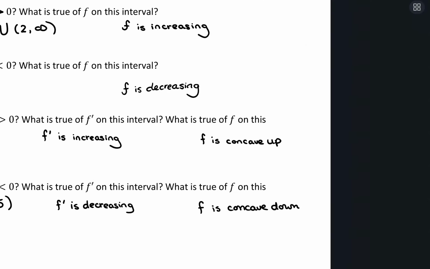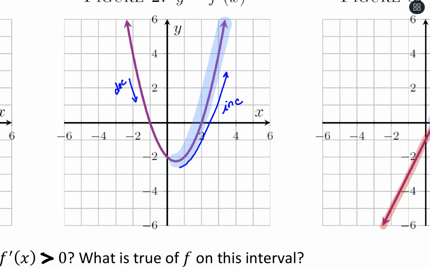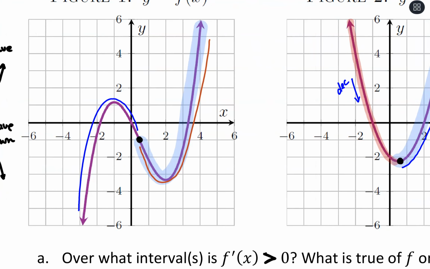So I can see this if I go back up here, because from negative infinity to 0.5, my function is going downward until we reach that minimum value where it switches. And then here, we're seeing this left-hand portion, which is a parabola opening downward until it flips to the other direction. So we're seeing concave down right there.